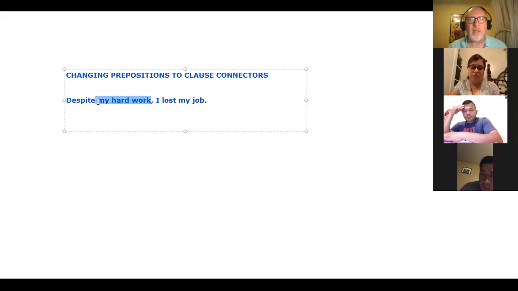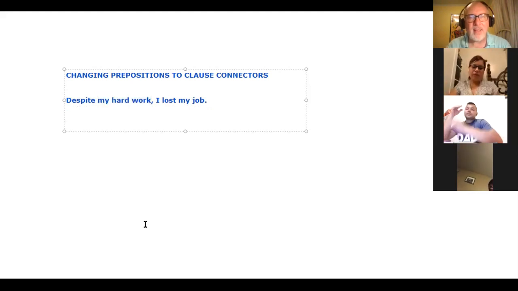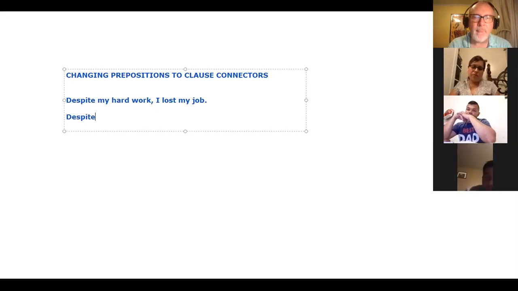But if I use despite plus the fact that, I can change it to a subject and a verb.